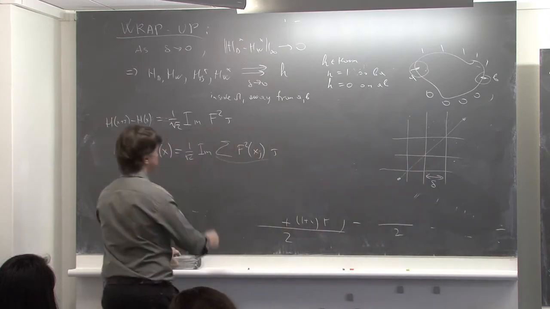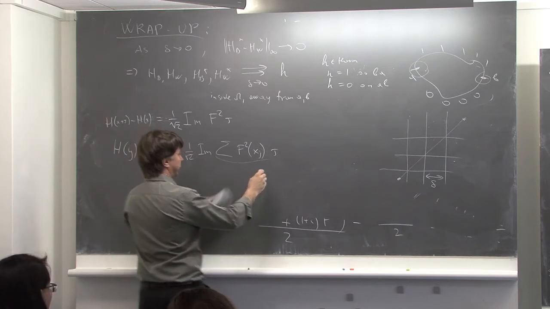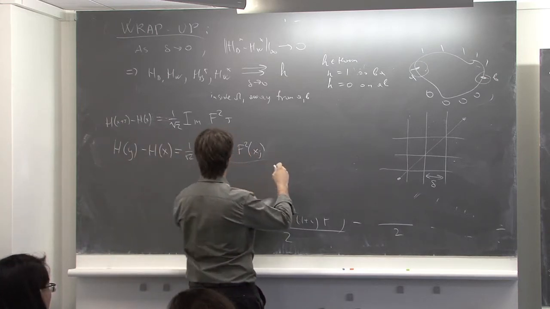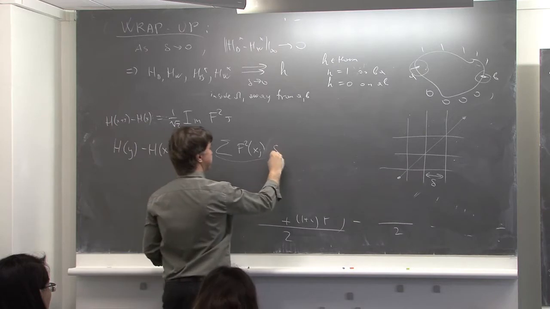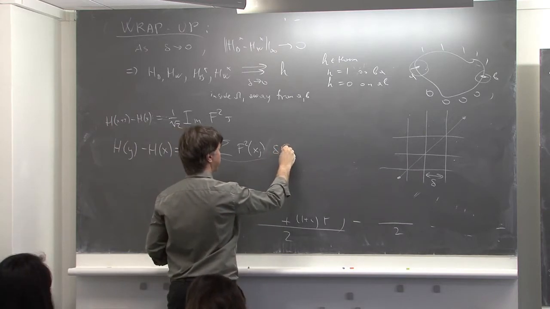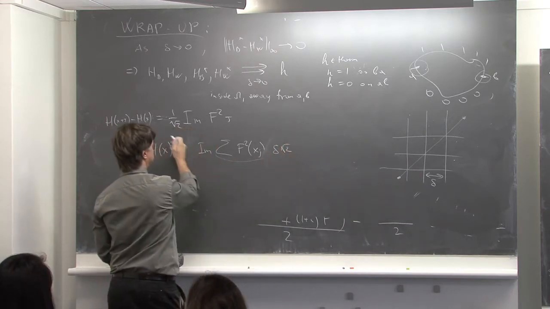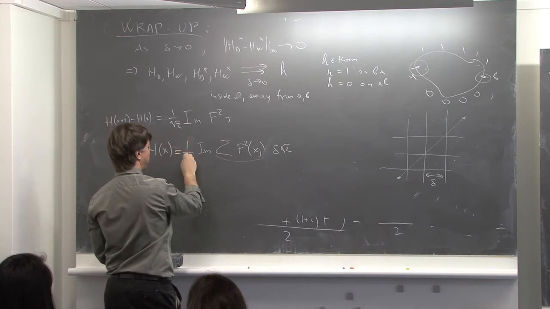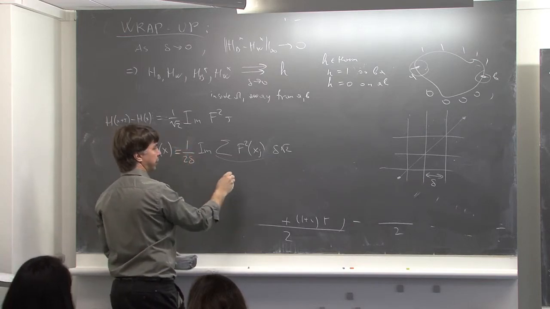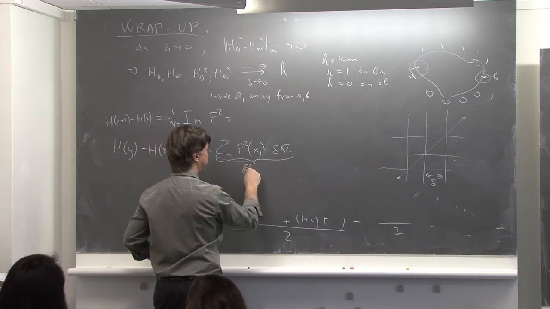So it's basically times delta square root of 2 and divided by delta square root of 2. So it's 1 over twice delta. And this is the Riemann sum.